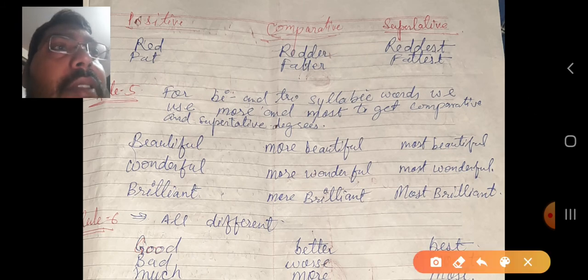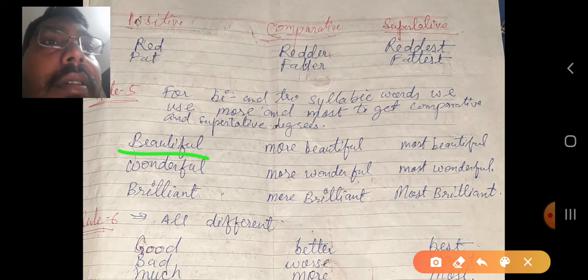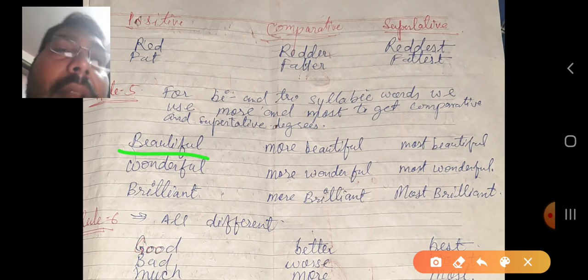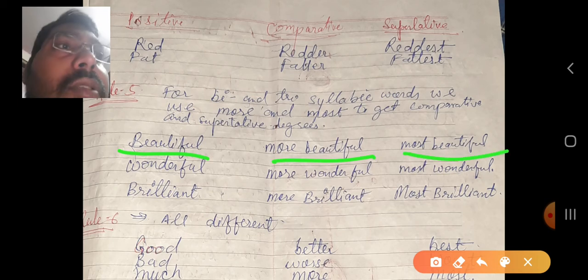For example, you can see beautiful, B-E-A-U-T-I-F-U-L, more than two vowels are there. So this is a big word, a bi or trisyllabic word, meaning a word that could have two or three parts. Beautiful has three parts, so this is a trisyllabic word. So more beautiful and most beautiful.